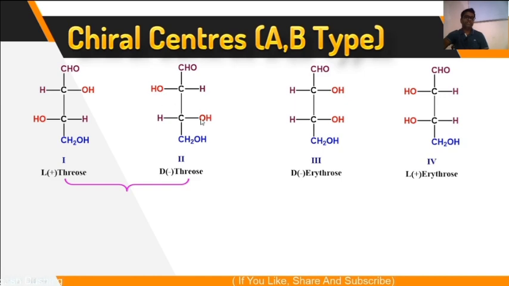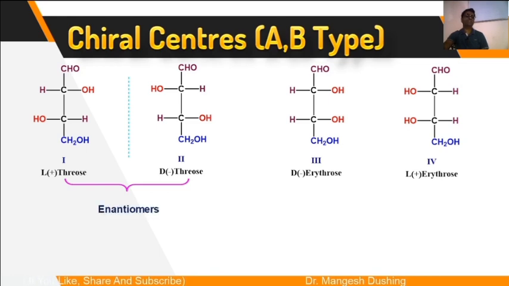If you rotate this molecule by 180 degrees, this CH2OH comes up, here up is CHO. So after 180 degrees rotation also, they are not superimposable. It means that these are non-superimposable mirror images of each other. Those compounds are called enantiomers of each other.